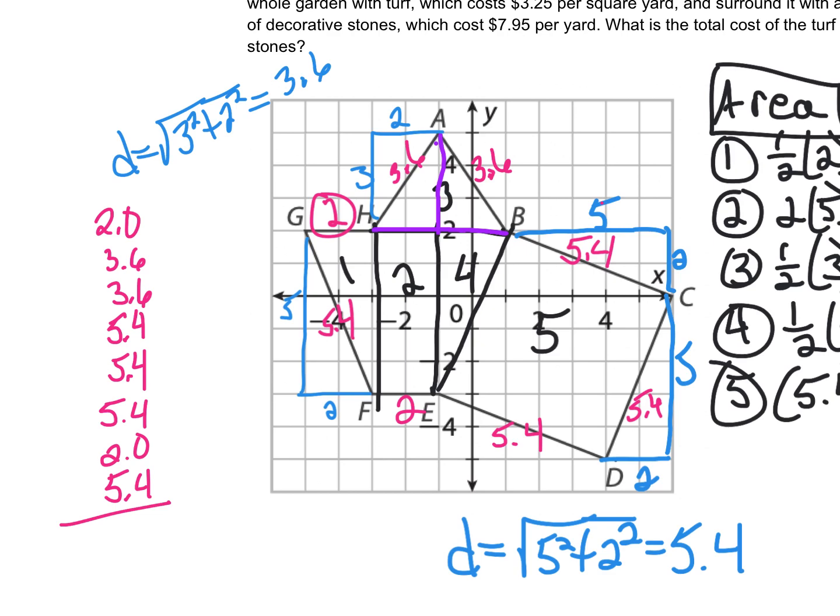So if we add all those up, 2 plus 3.6 plus 3.6 plus 5.4 plus 5.4 plus 5.4 plus 2 plus 5.4.